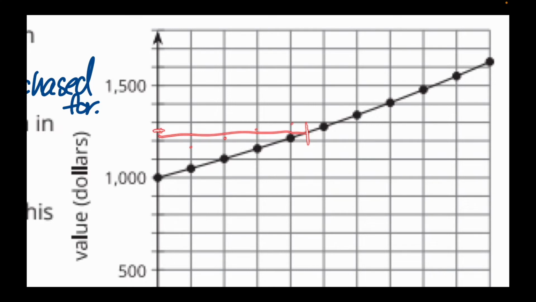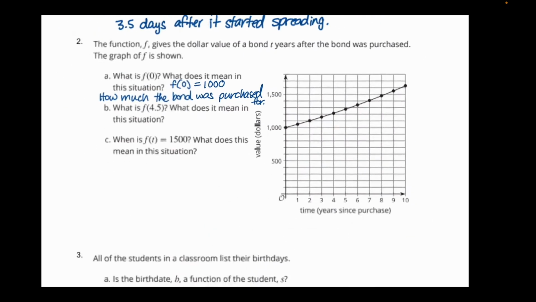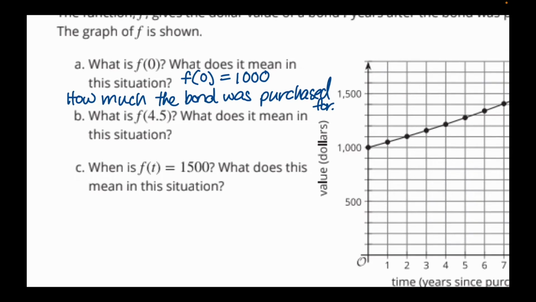And I believe these are counting by 100. So 1, 2, 3, 4, 5. Yep. And that puts us right around 1,250. This would be 1,100, 1,200, 1,250, right around there.